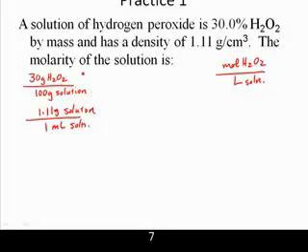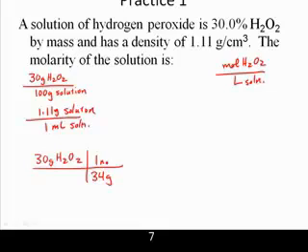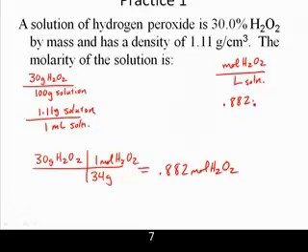If I have that many grams in 100 grams of solution, I take 30 grams, and approximately, there are about 34 grams in 1 mole of H2O2. So that gives me 30 divided by 34, which is 0.882 moles of H2O2, and I can put that in my denominator.